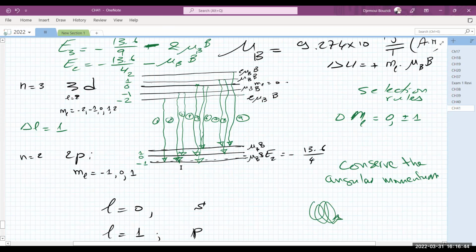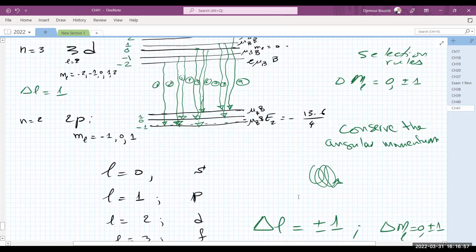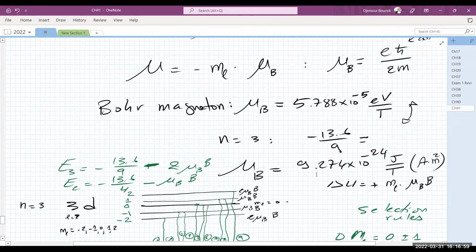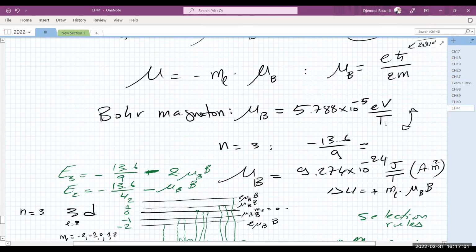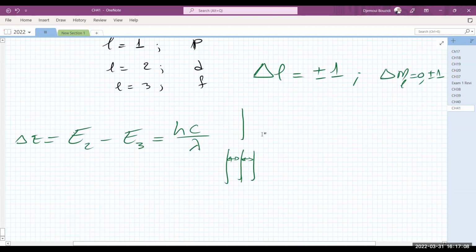So this should not shift. It should remain the same old value that you had before. So in this case, you will have 3 spectral lines near the spectral line where you are. Obviously, this shift is so small in lambda, because remember, the value of mu b is tiny. Even in the presence of a strong magnetic field, this value is still a small one. So at the end of the day, this is how the Zeeman effect can be explained.